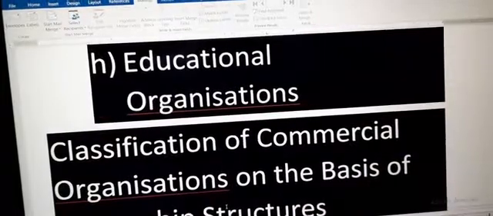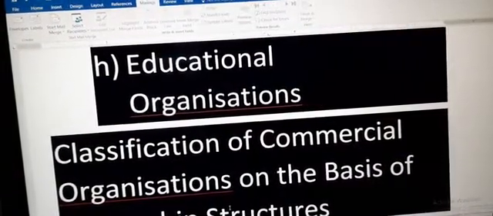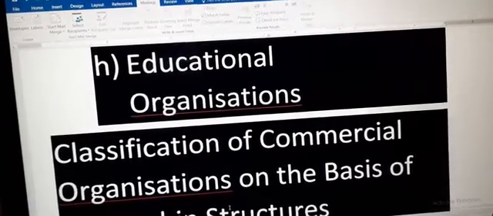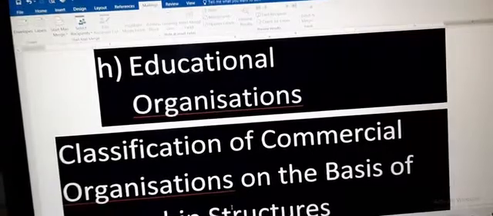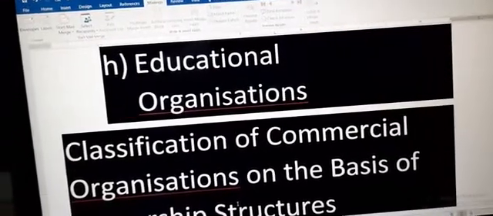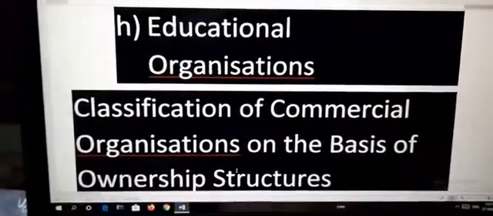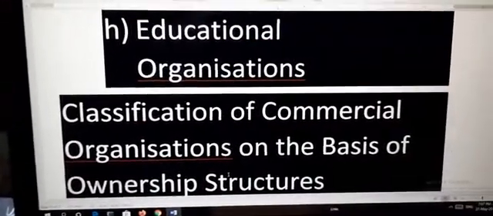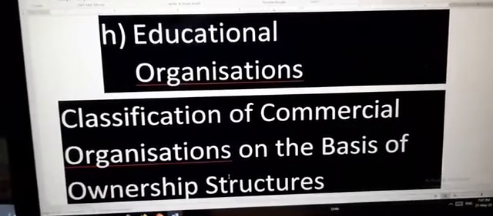Next is Educational Organization. These organizations are formed for providing educational facilities free of charge or at subsidized rate. IITs, IIMs, the Institute of Chartered Accountants of India, and universities are examples of educational organization. So these are all the different types of non-profit making organization.